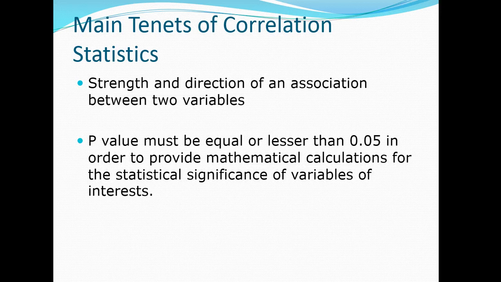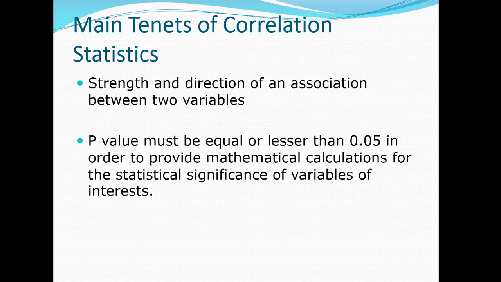The other important tenet of correlation statistics is that we also must set the p-value to equal or lesser than 0.05 in order to provide the mathematical calculation for statistical significance. Or in other words, this is the significance level that we must establish when using correlation statistics.